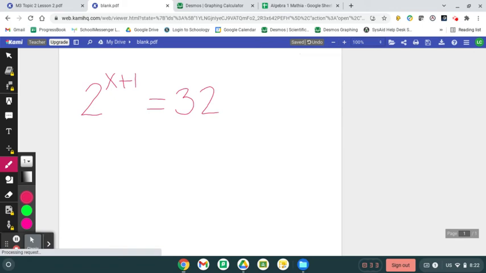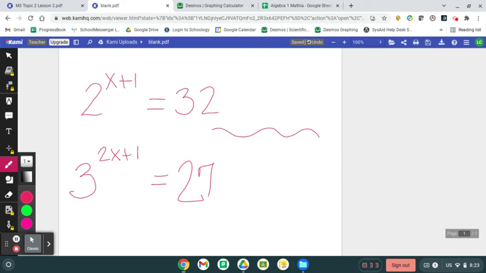You may have, it could be anything. You could have 3 to the 2x plus 1 equals, let's see, 27 or something. Anyway, in order to solve these, there's algebraic ways to do it.